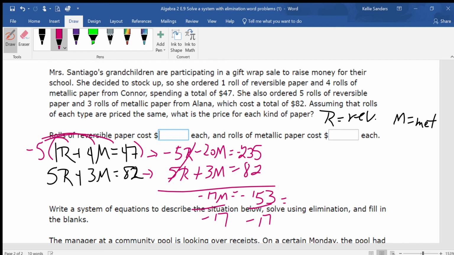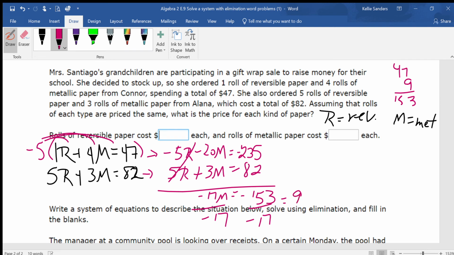Okay, I don't have a calculator, so 17 times 6, 7, 8. There we go. 9. There we go. Okay. So negative divided by negative is a positive, so M is 9.